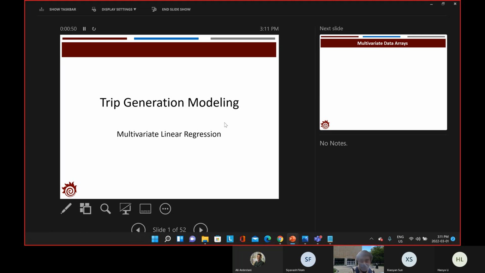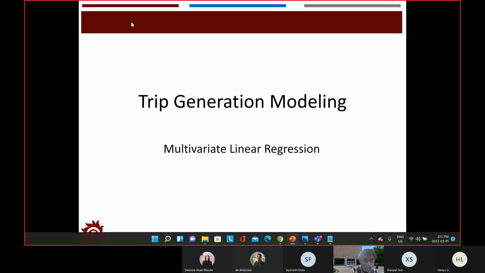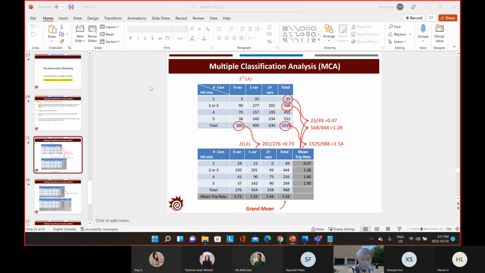Let me see how to change the display setting. But you will not see this one here. Let's see.